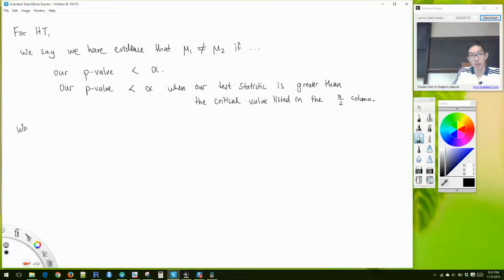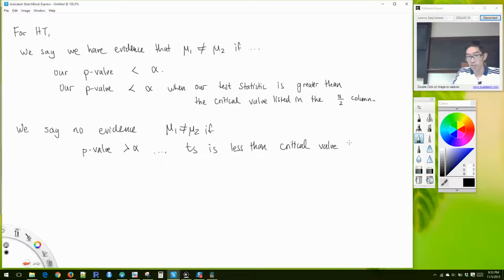We say no evidence that mu1 doesn't equal mu2 if p-value is greater than alpha, which is the same thing as saying test statistic is less than the critical value for alpha over 2.